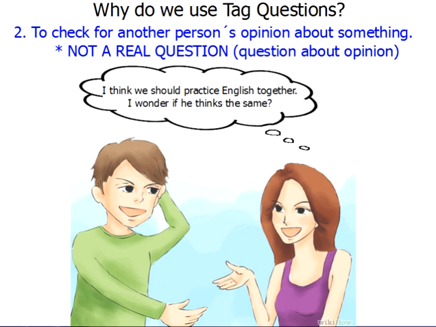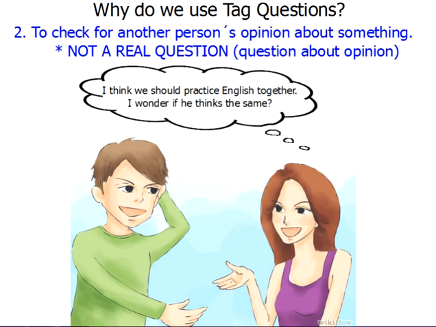However, we have a second reason for why we use tag questions. The second reason we use tag questions is to check for another person's opinion about something. So in this way, this type of tag question is not a real question because it's more of a question about the other person's opinion. You want to check for the other person's opinion.